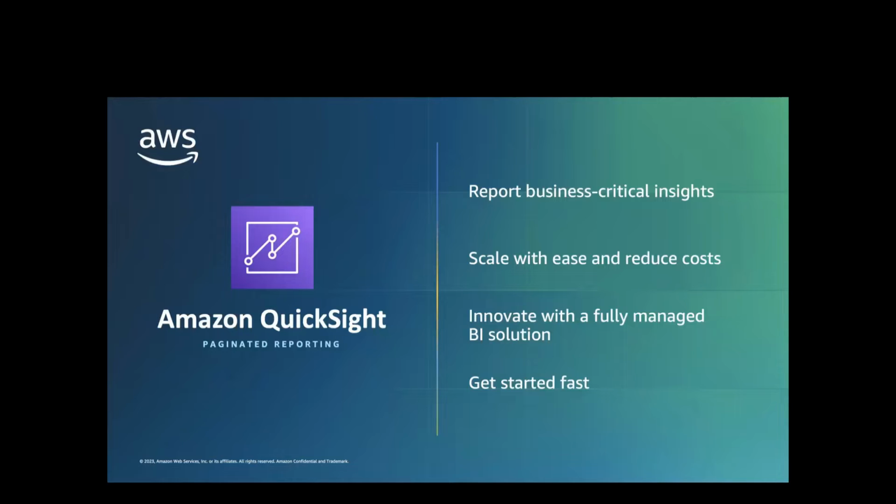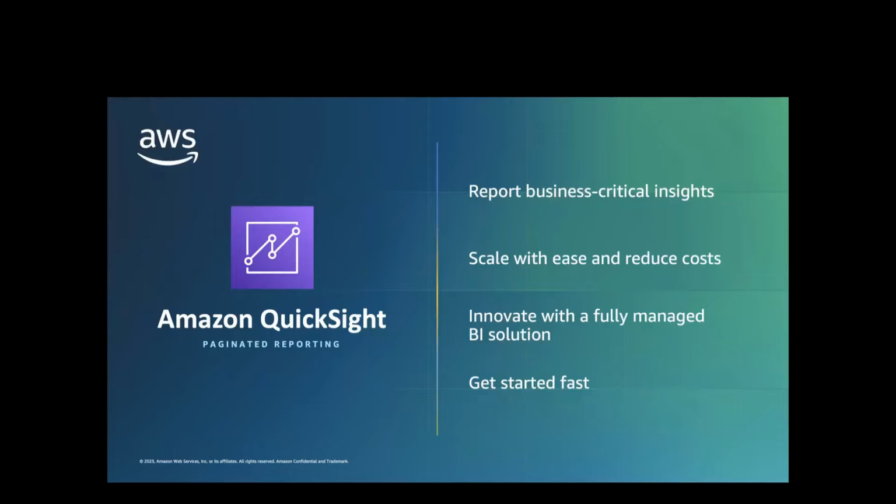So if you kind of think back to your own personal lives, you get electricity bills, you get bank statements, you get invoices, right? Those are all examples where you're not necessarily slicing and dicing the information, but you expect the information to be in a certain format, be in a certain way, right?